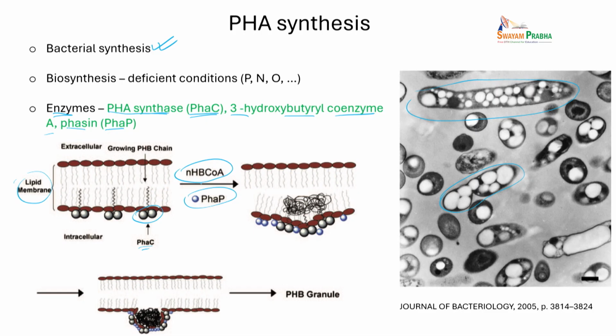Then the other enzyme, hydroxybutyryl coenzyme A, as well as phasin, together synthesize this polymer in the inner hydrophobic region of the lipid. As the polymer gets longer and longer, it forms a small granule, and this granule is what you see inside the cell. These are the three important enzymes identified as key for this.